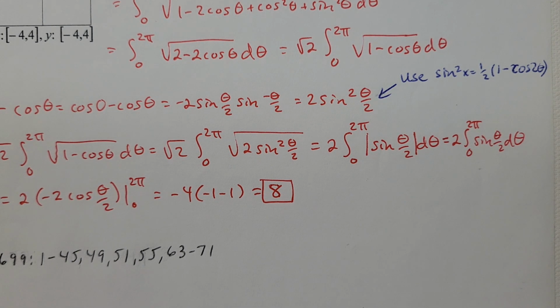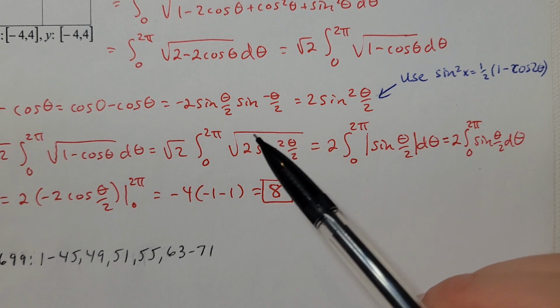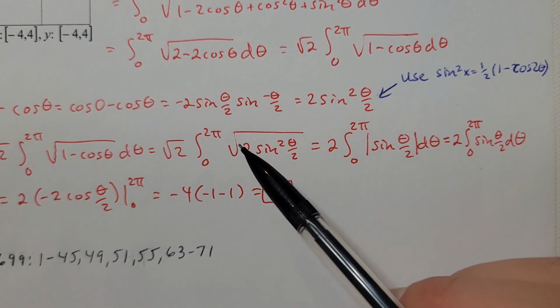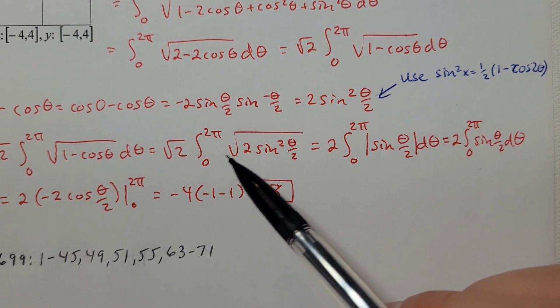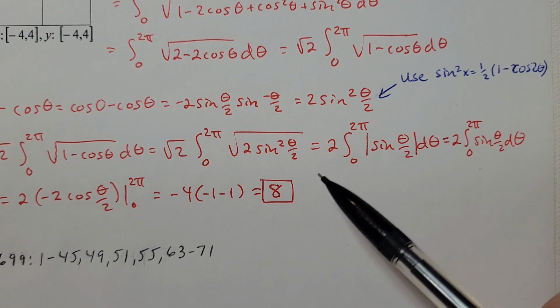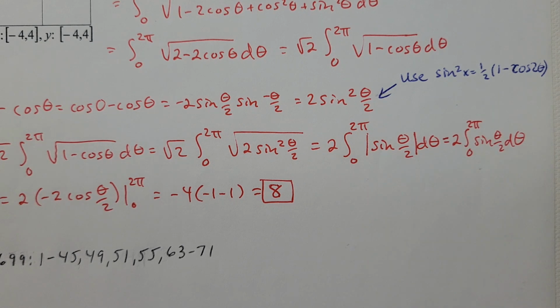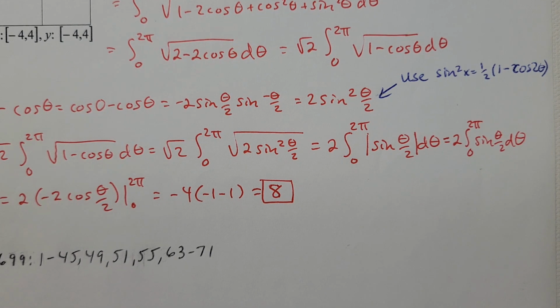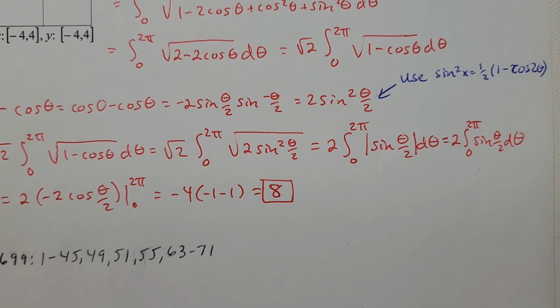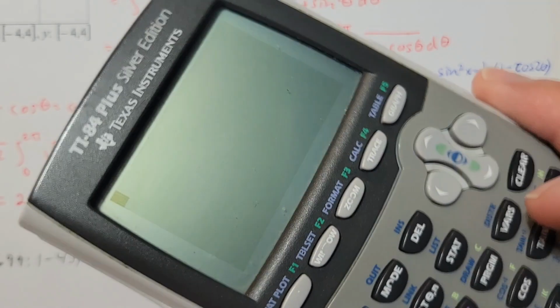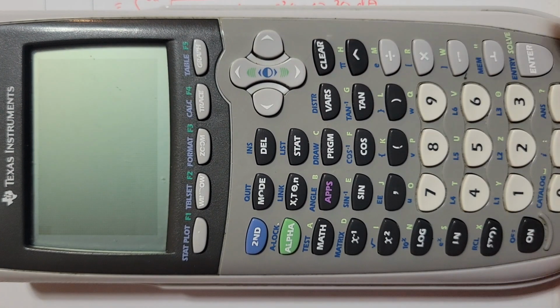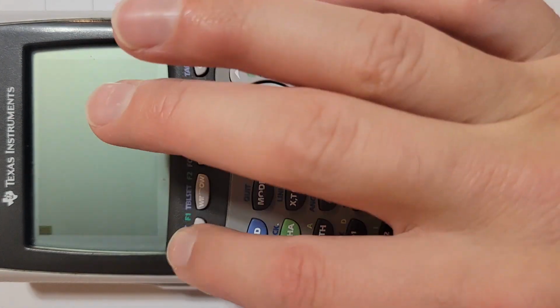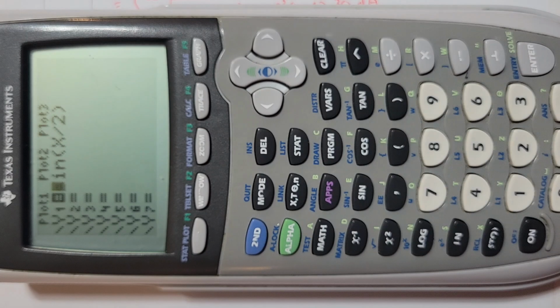Okay? And I split apart this radical here. I got root 2 times root 2, that's 2. And then the square root of sine squared theta divided by 2 is the absolute value of sine of theta divided by 2. Now if I look at a picture of that curve, I got sine of x divided by 2.